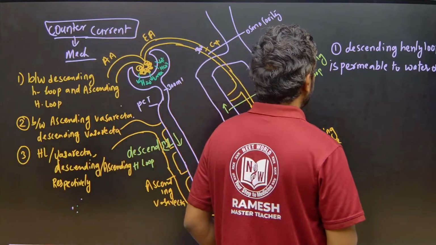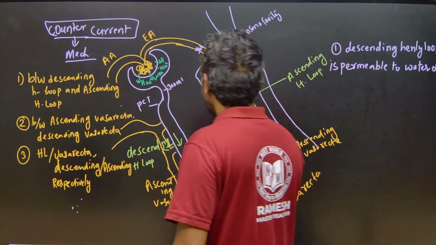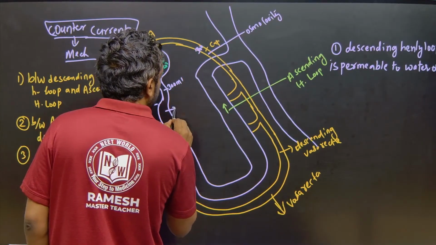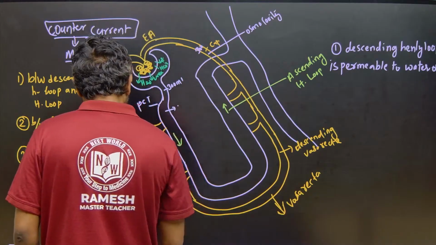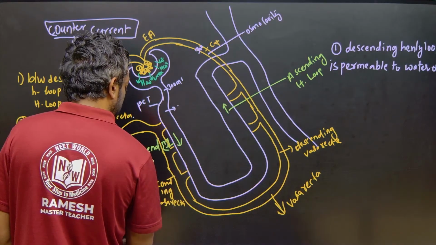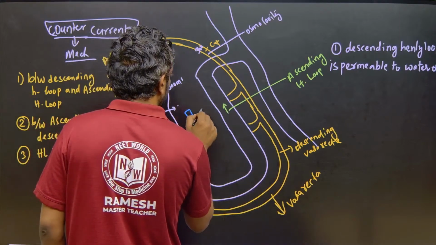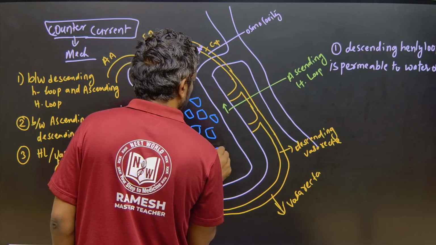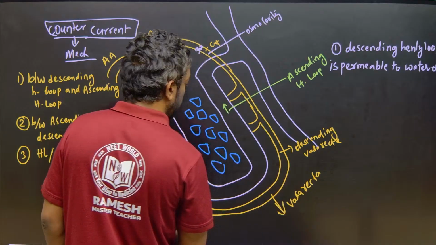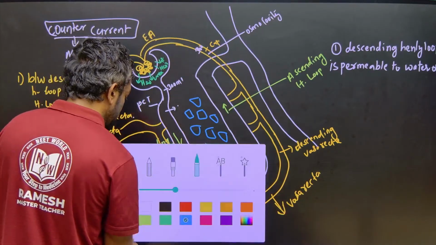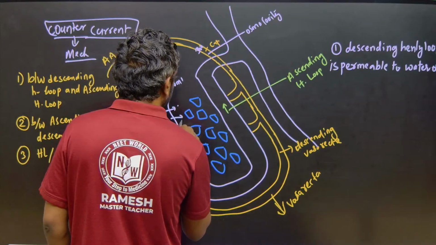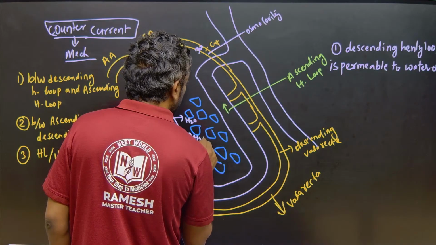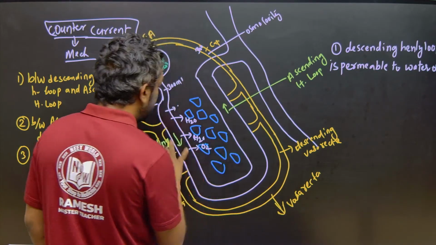Water only. Next statement: if water enters the interstitial fluid, the interstitial medium in the medulla, the medullary tissue, then water is removed from the descending Henle loop.